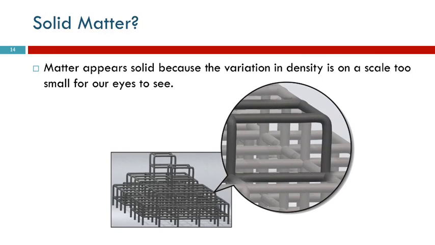So matter is mostly empty space, and yet it sure seems solid, right? You crash into something in your car, and you have a hard time convincing anybody that you just crashed into empty space. Why does it appear solid? It's because the variation in density between the nuclei and that empty space around it is on a scale that is so small that we can't distinguish it.